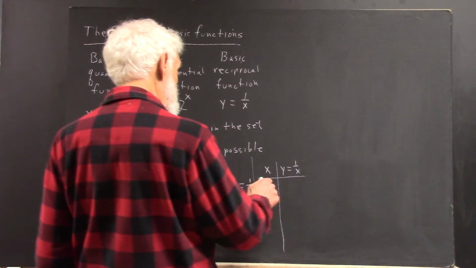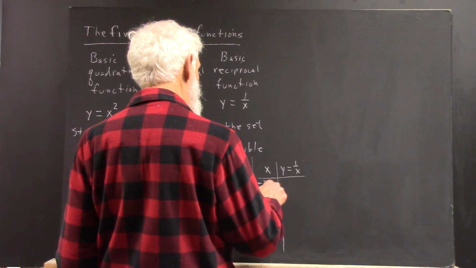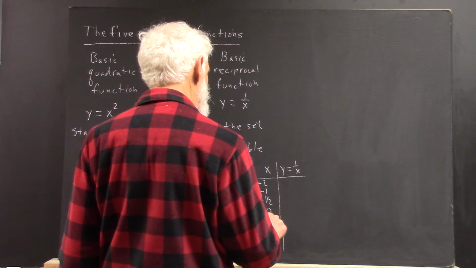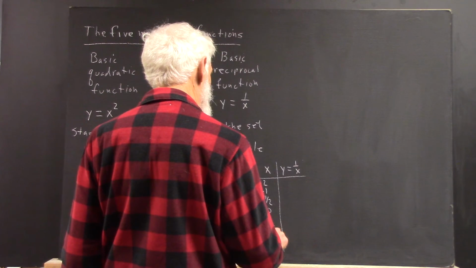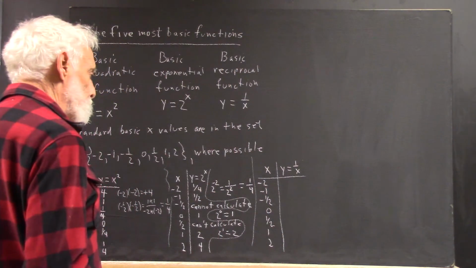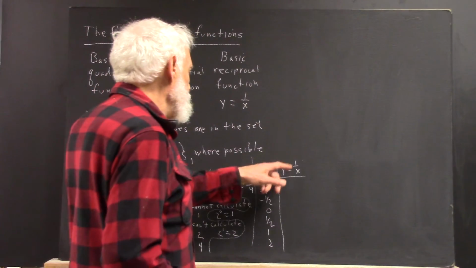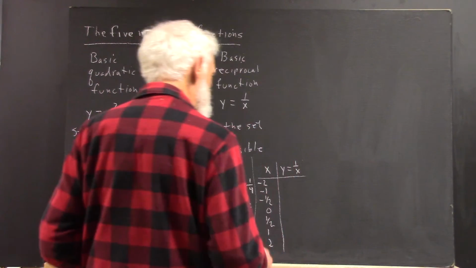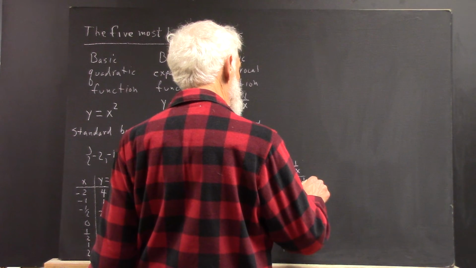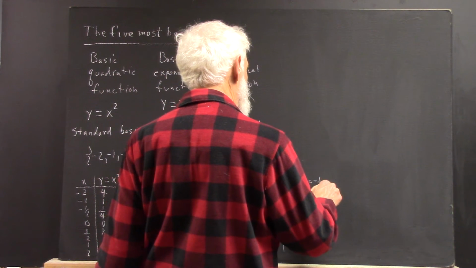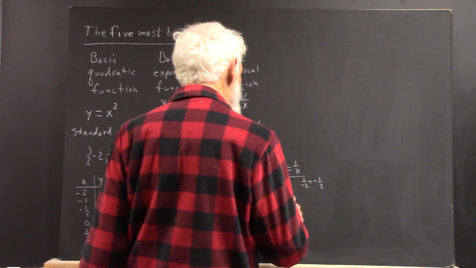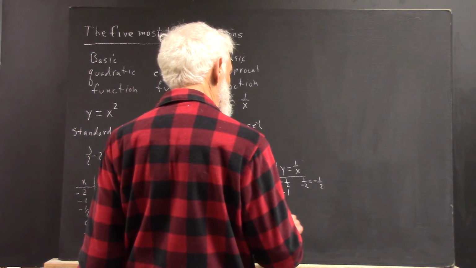So let's list the numbers. -2, -1, -1/2, 0, 1/2, 1, 2. Okay? Well, y equals 1 over x. So let's see. 1 over -2 is just -1/2, so we have -1/2 here. 1 over -1, well, that gives us -1.